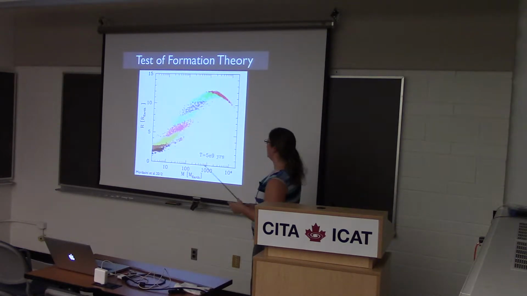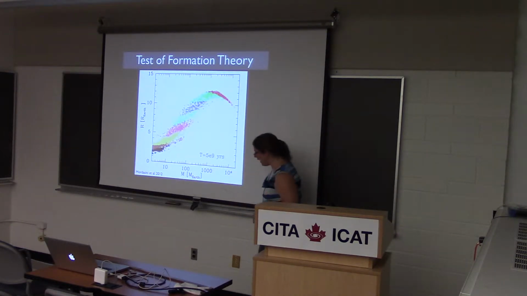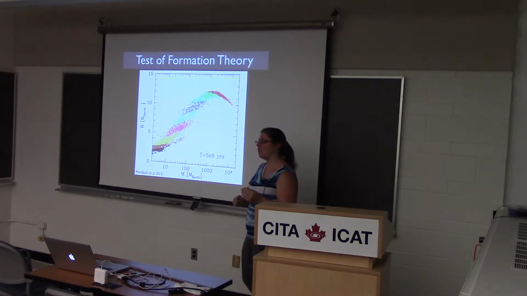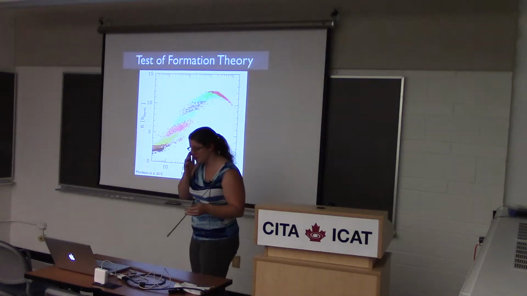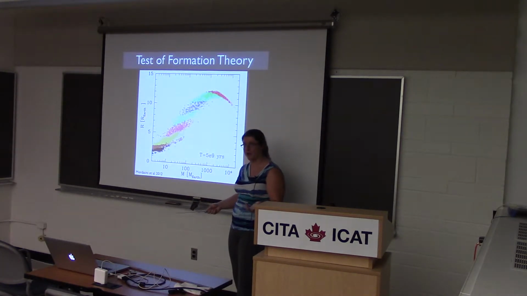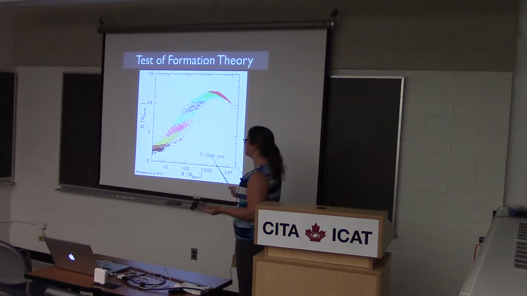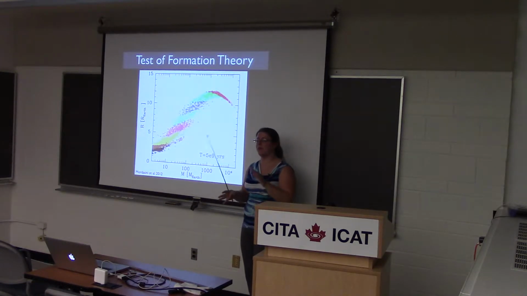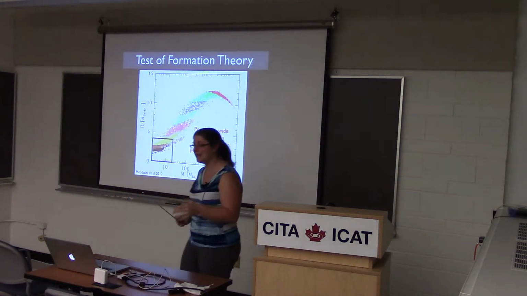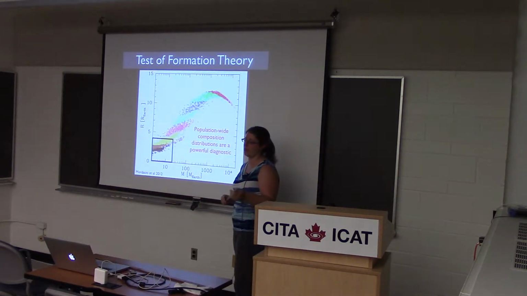For anyone who has a model simulating the formation of planets, one of the testable predictions, in a bulk sense, is the distribution of compositions that you get out of your models. Thinking about planet formation in a population-wide sense, that's a really important diagnostic for planet formation theory.